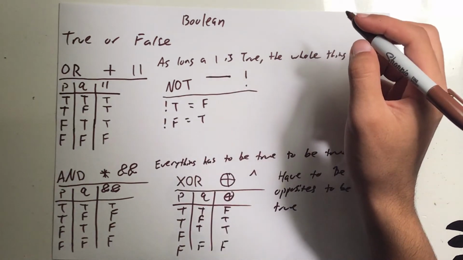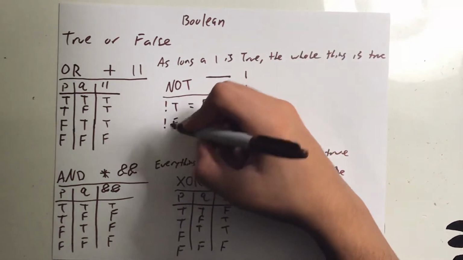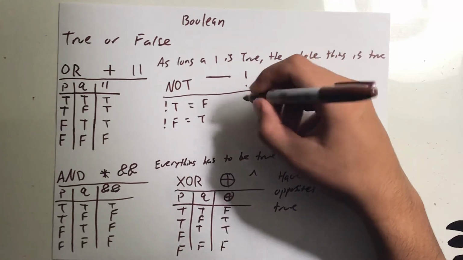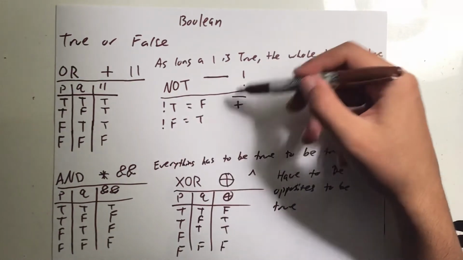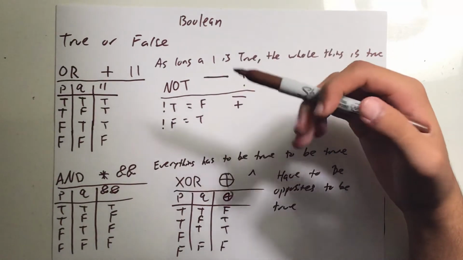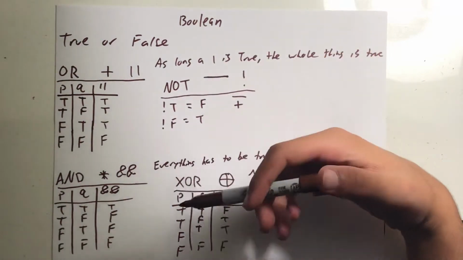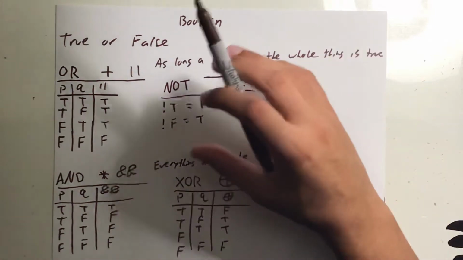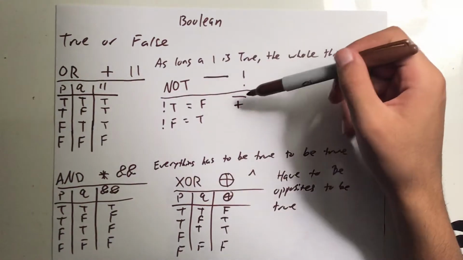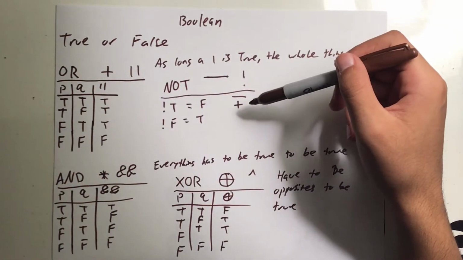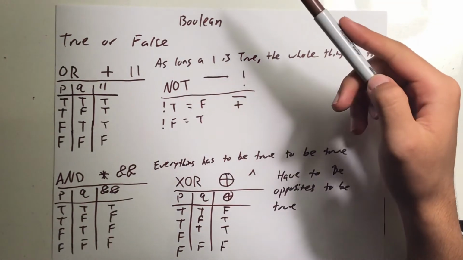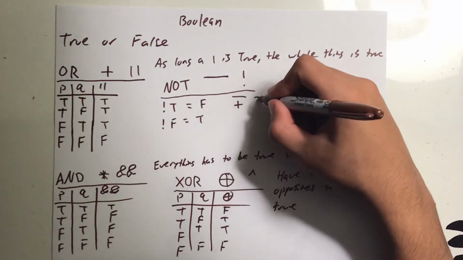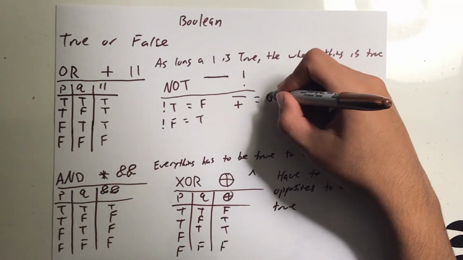If you NOT an OR, we'll see more of this later, because in one of the questions in computer science, you'll have to simplify a Boolean expression, and sometimes you might see not OR, but this is basically De Morgan's law, which I'll go over next, and this is going to be an AND.